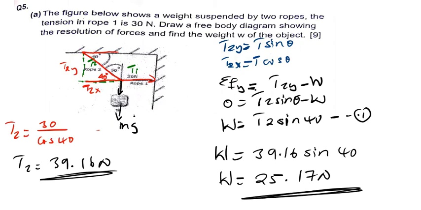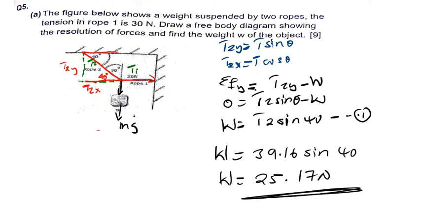Then for the free body diagram, if you want, you can write the free body diagram in this manner. Let me show you. You just draw it like this. Then you have that.